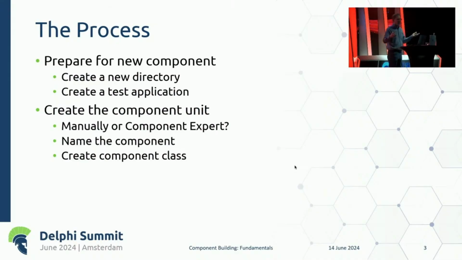Some things, just as you're thinking about names of components, you're probably not going to want to name your component TButton. There already exists a TButton, and so you're going to have potential collisions. One of the conventions that I recommend is coming up with a prefix for your own or your company's set of custom controls.